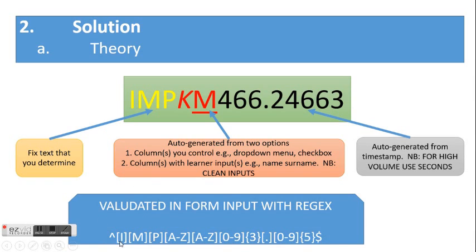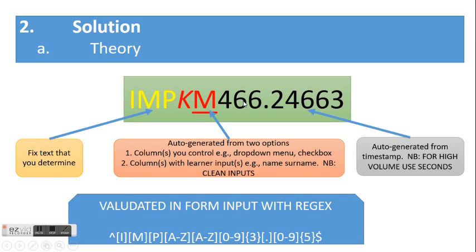Then we follow with the regex formula. It says the fourth character can be any capital letter A to Z, and in this case it's K because it's auto-generated, so you do not have control over how it looks. The fifth character can also be any capital, but it must be in capital A to Z. Then you can go to the numbers and you say insert any number 0 to 9 for the next 3 character spaces.